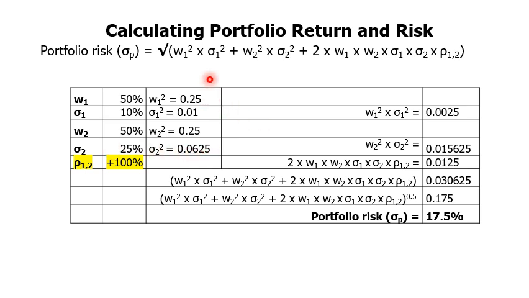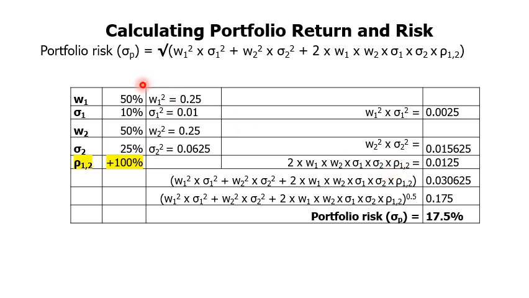Then we multiply W1 square and sigma 1 square, and we get 0.0025. Then we multiply W2 square and sigma 2 square, we get 0.015625. Then we calculate this term, which is 2 into W1 into W2 into sigma 1 into sigma 2 into rho 1 2.